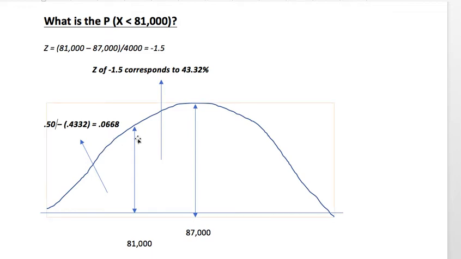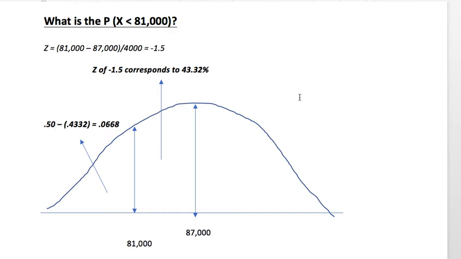So once again, that is just a quick overview of the solution for last week's problem, dealing with the probability that our random variable x, in this case a sales value, will be less than $81,000.